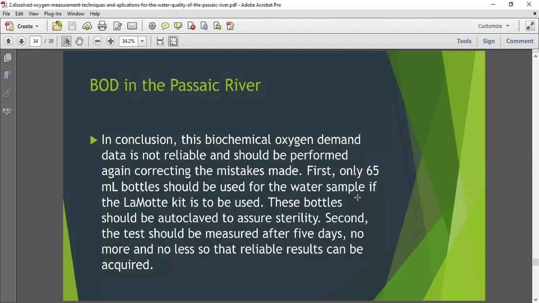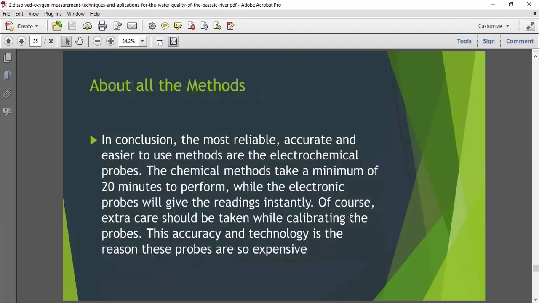Likewise, COD also. COD means chemical oxygen demand. About all the methods, in conclusion, the most reliable, accurate, and easier to use methods are the electronic probe methods. The chemical methods take minimum 20 minutes to perform, while the electronic probes will give the readings instantly.